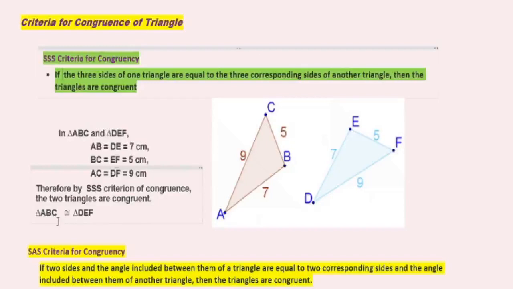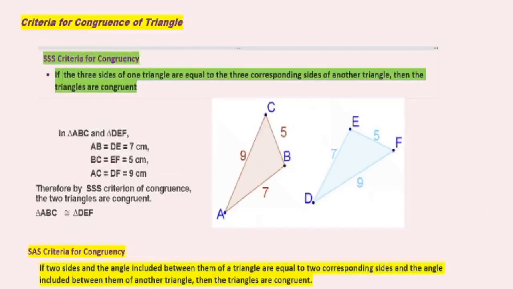That means triangle ABC is congruent to triangle DEF. This is the first criterion for checking the congruence of triangles. It is known as SSS criteria, that means side, side, side. We are checking all three sides of a triangle.